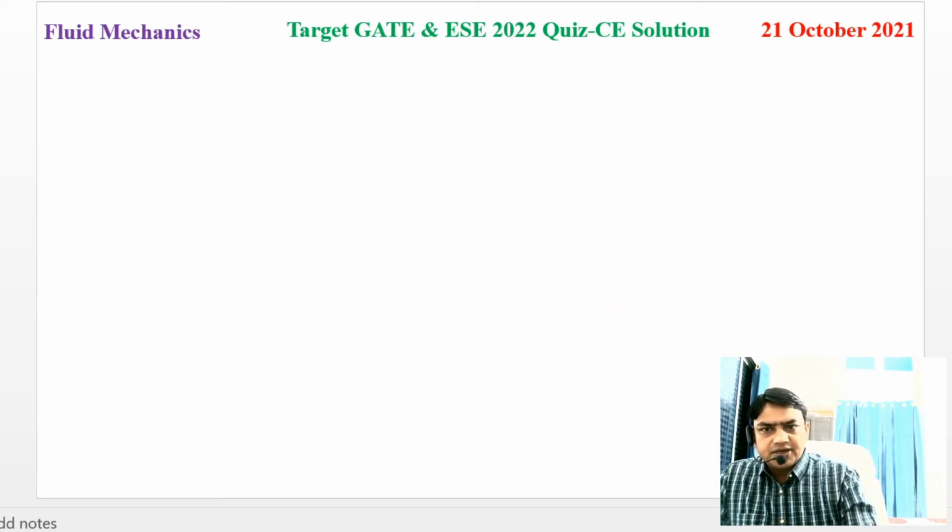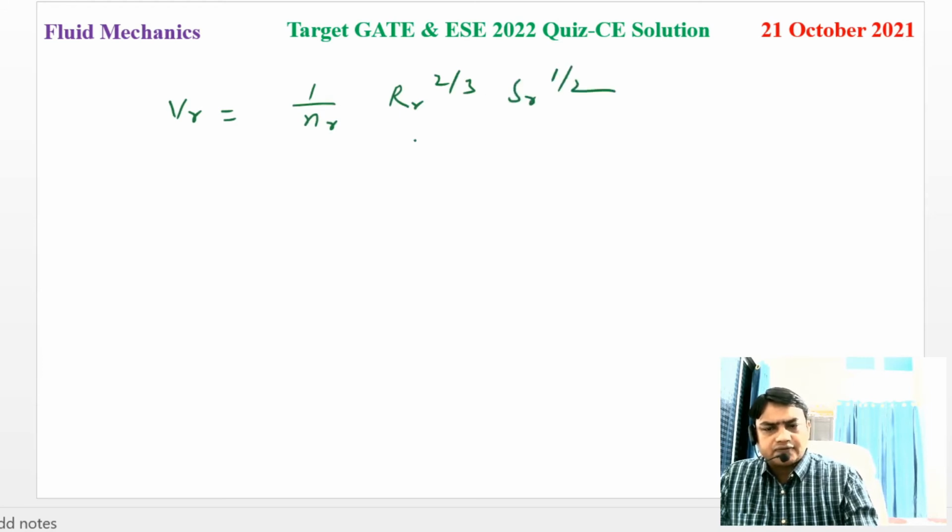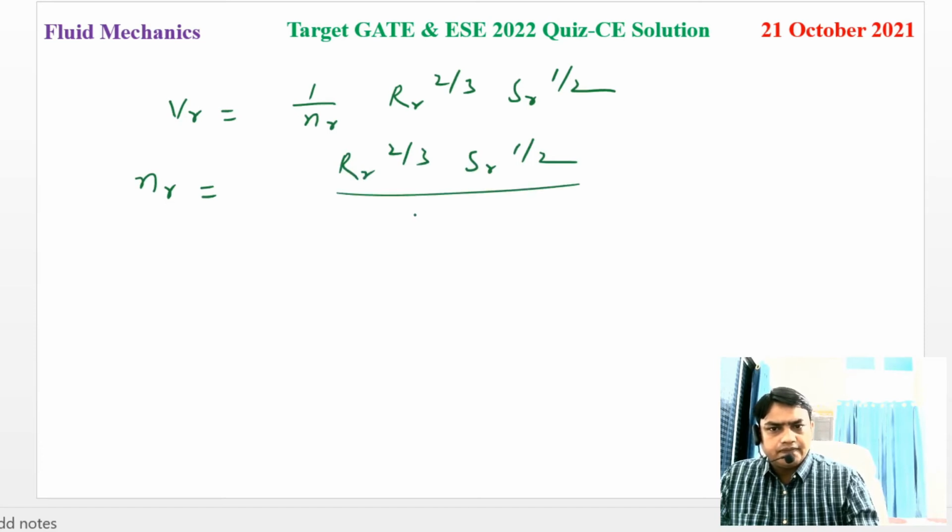So if I apply the Manning's equation, VR is equal to 1/NR times RR to the power 2 by 3 times SR to the power half. So the Manning's roughness ratio NR can be written as RR to the power 2 by 3 times SR to the power half divided by VR. NR is the Manning's roughness in the model to the Manning's roughness in the prototype. RR can be written as LRV to the power 2 by 3.